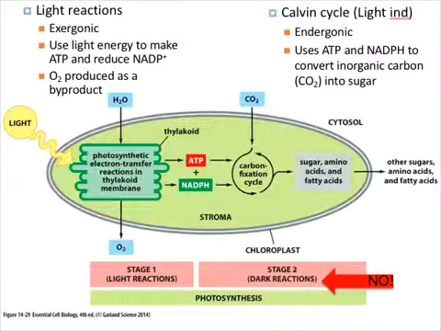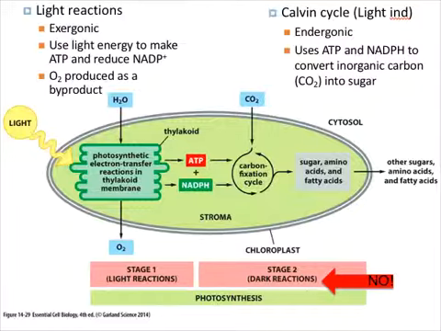It's divided into two stages, which historically were called the light reactions and the dark reactions. You can see there's a big red arrow that says no, okay? A better terminology would be the light reactions and the light independent reactions.